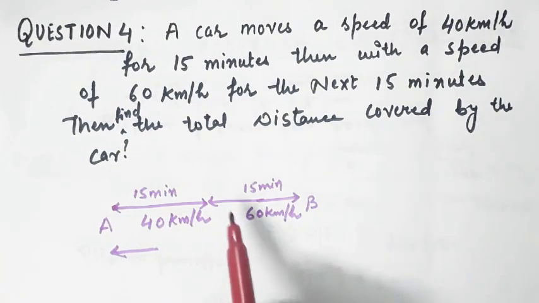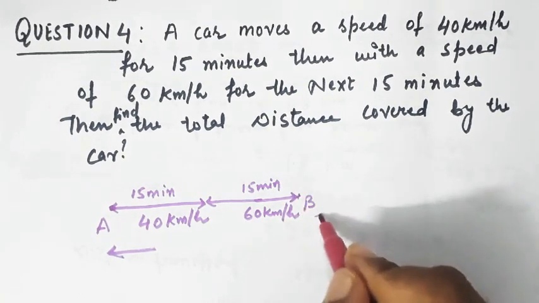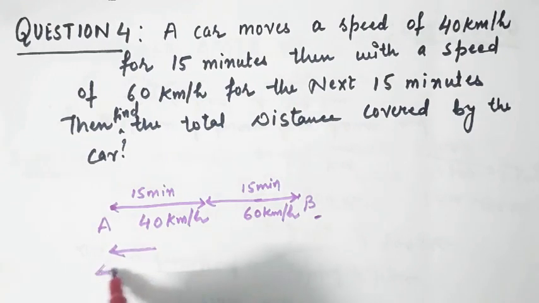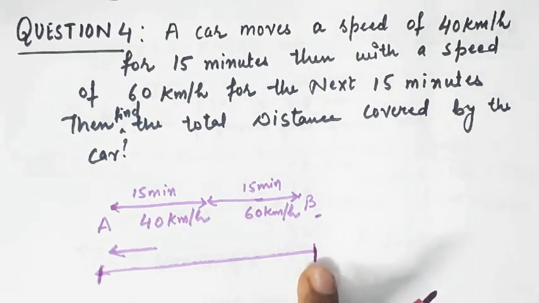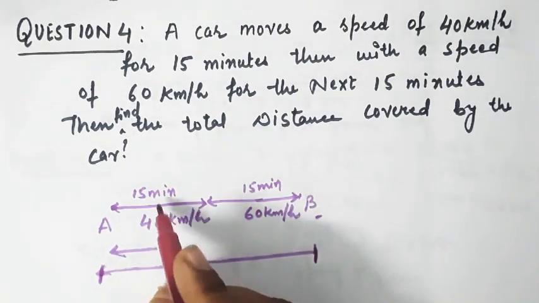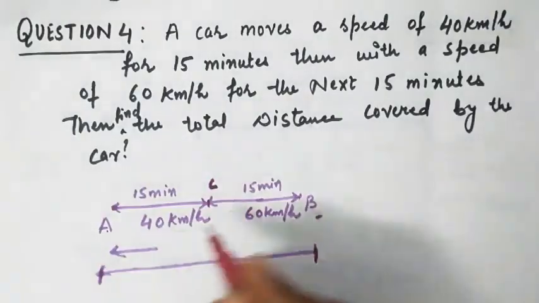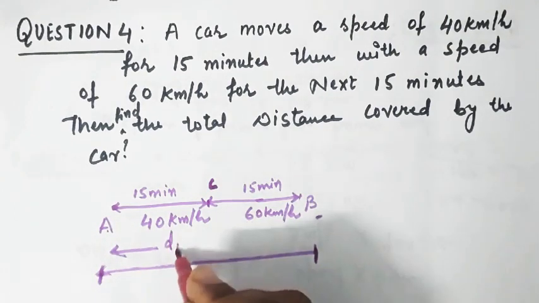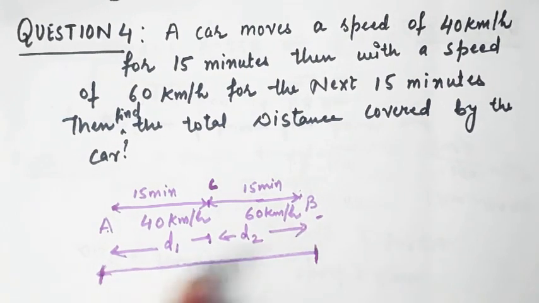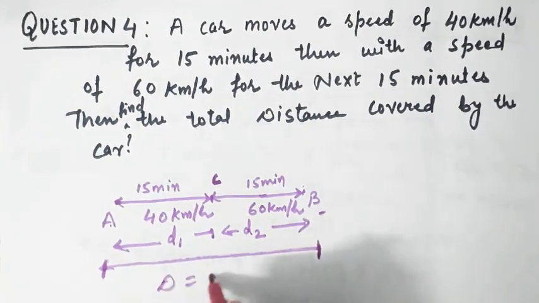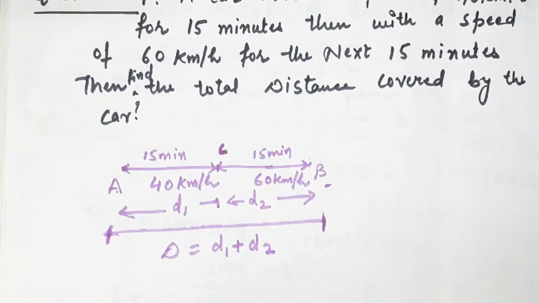Then for another 15 minutes its speed was 60 km per hour, to reach the destination B. We need to find the distance from point A to point B. If I take a point C in between, from A to C the distance is D1, and from C to B the distance is D2. Then we need to find the total distance, which will be D1 plus D2.